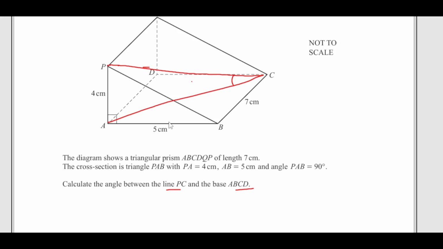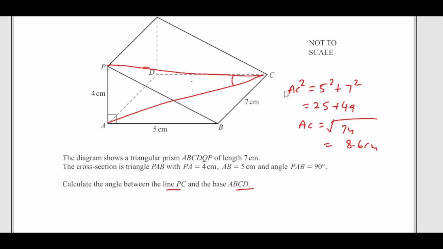So we can use Pythagoras theorem to find out AC here. So we will have AC squared is going to be 5 squared plus 7 squared, right, which is 25 plus 49. Then AC is square root of 74, and it comes out to be 8.6 centimeters, right.